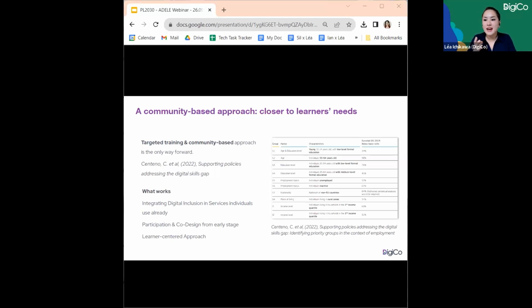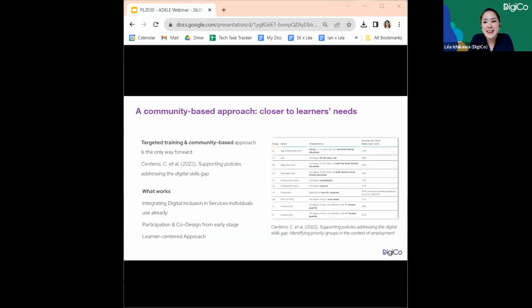But basically, bringing digital skills and digital tools towards a place where people already are, we see that this works best instead of having it in a separate training center. That's how you get closer to what the community needs, and that's also how you go against the barriers that they might face. I'm going to go a bit into that in just a moment.